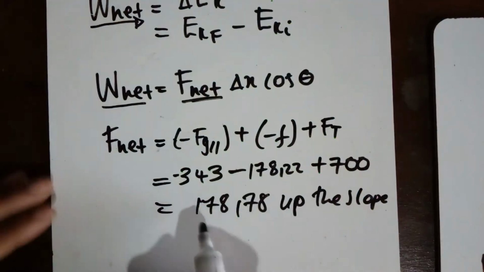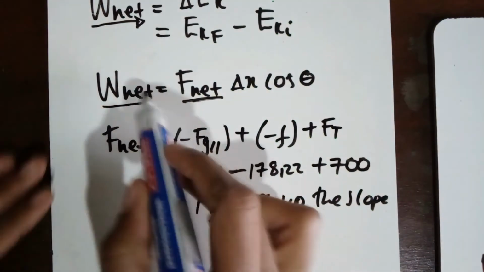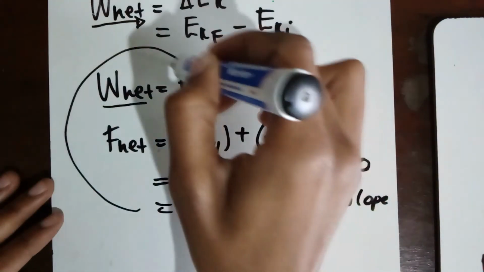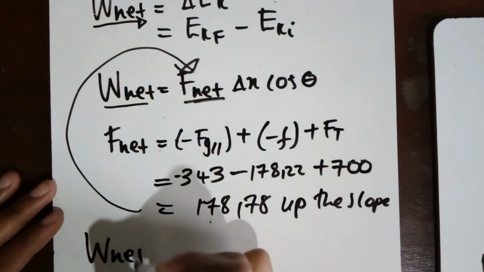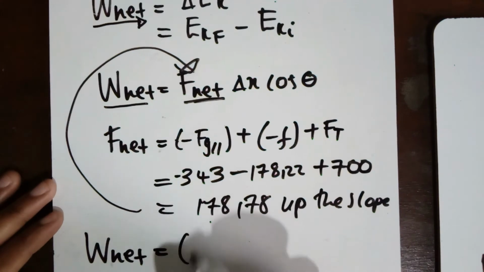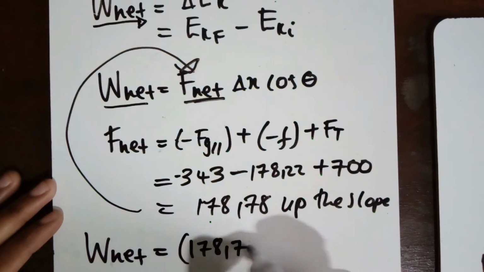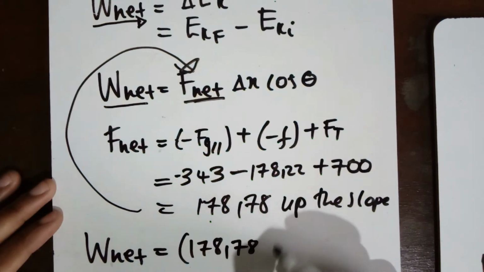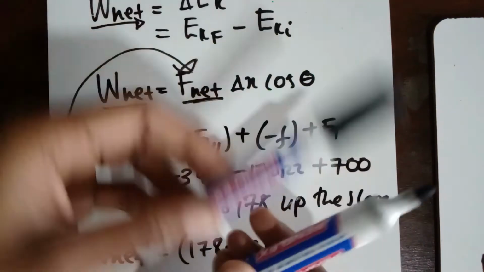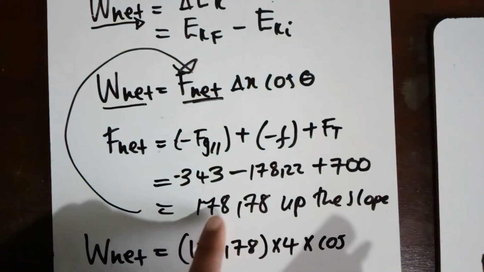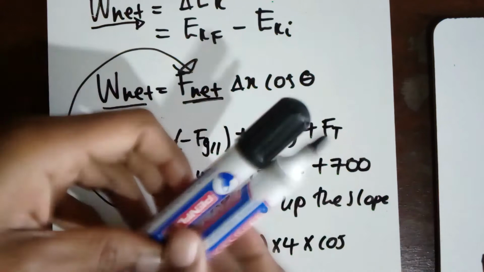So we can now substitute this back into this equation, F net, so that we find the total net work done. So W net is going to give us 178.78, the change in x is multiplied by 4, multiplied by the cos. We found F net to be positive, so it's also up the slope, as well as the motion.